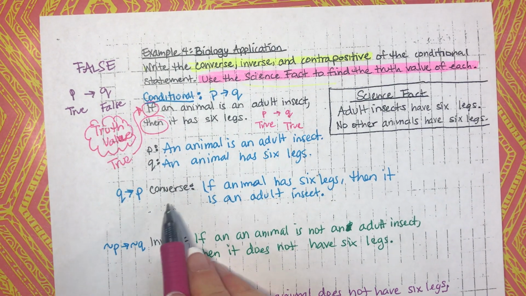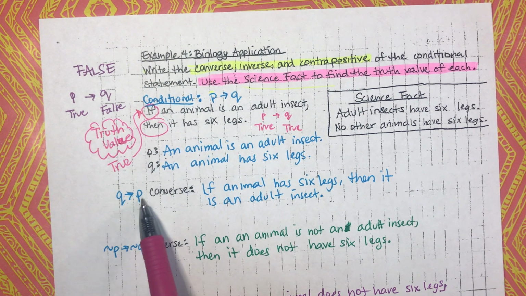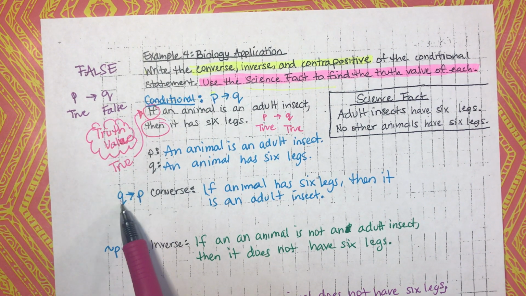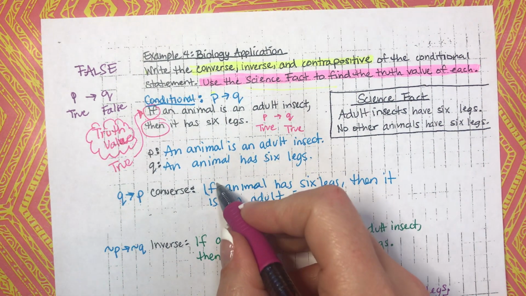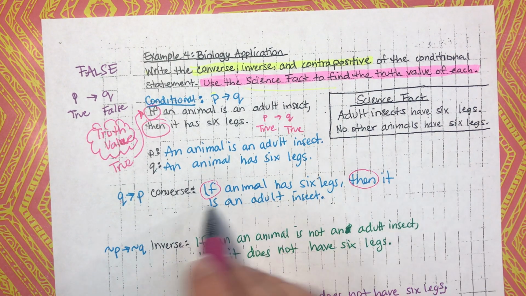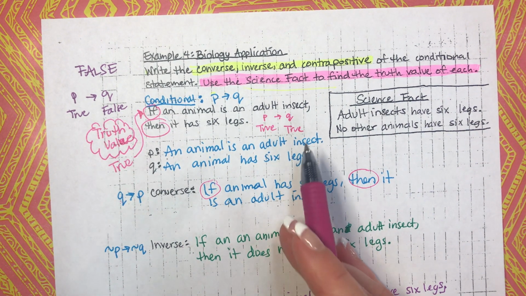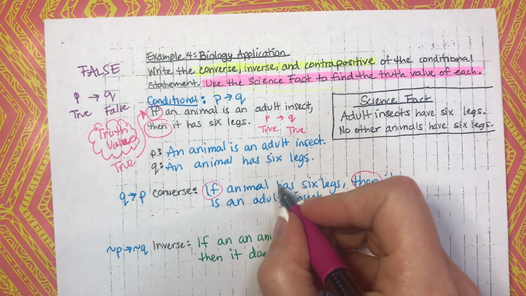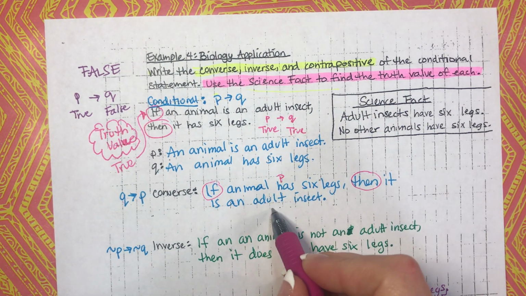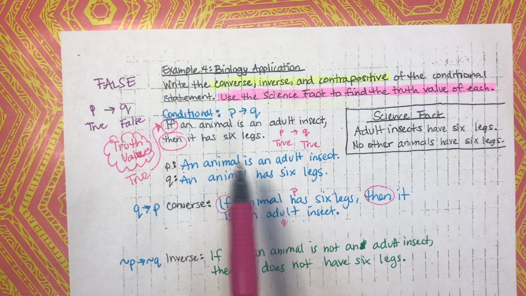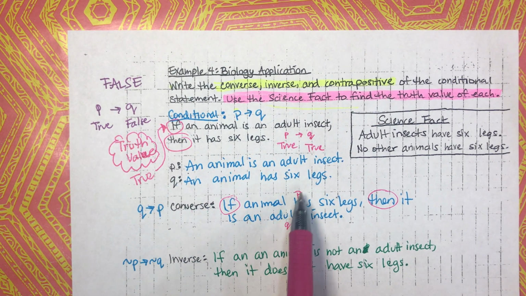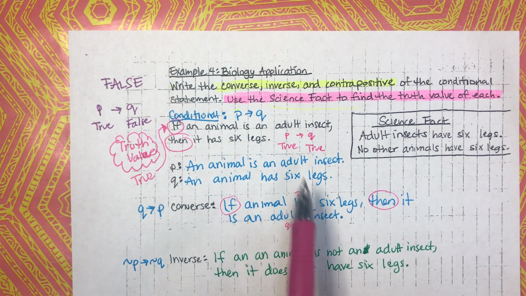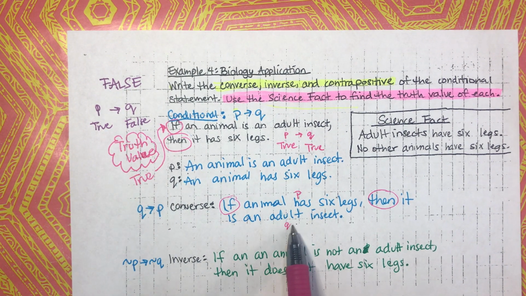Okay, let's go ahead and look at the converse. Now, I know that we flip-flop the hypothesis and the conclusion, but when we're talking about truth value, we're going to look at that if and then, and for the sake of truth value, we're going to call this our P and this our Q. So for the truth value to be false, the P would have to be true and the Q would have to be false.